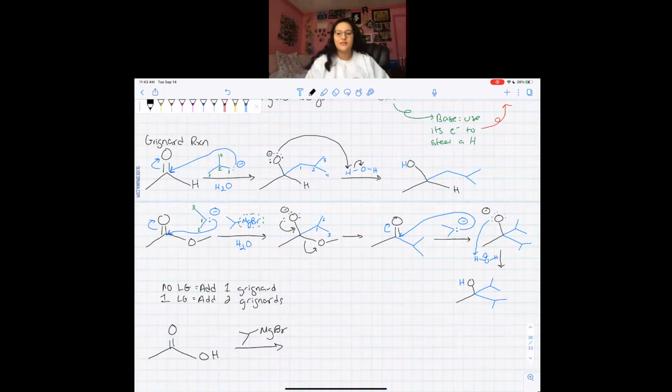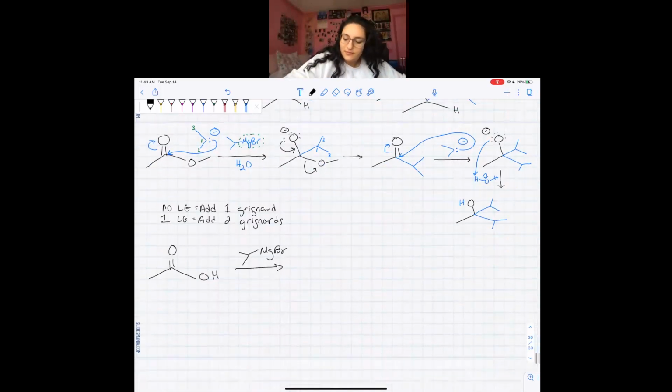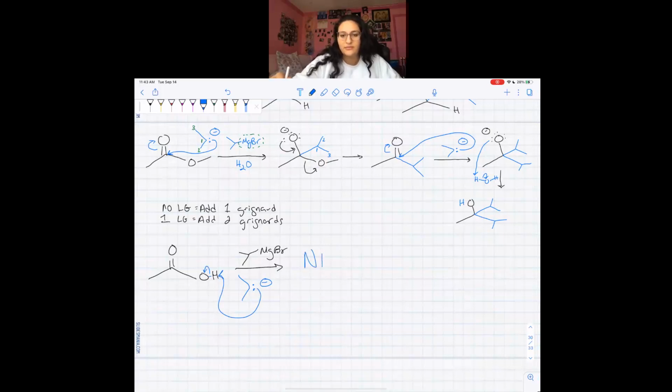So we got 2 answers. One says that it's a leaving group, so we would attack twice. And the other one says, isn't this an acidic hydrogen? Yes, it is. So the negative charge will act like a base in this case, and it will just steal this hydrogen. And we can consider that no reaction.